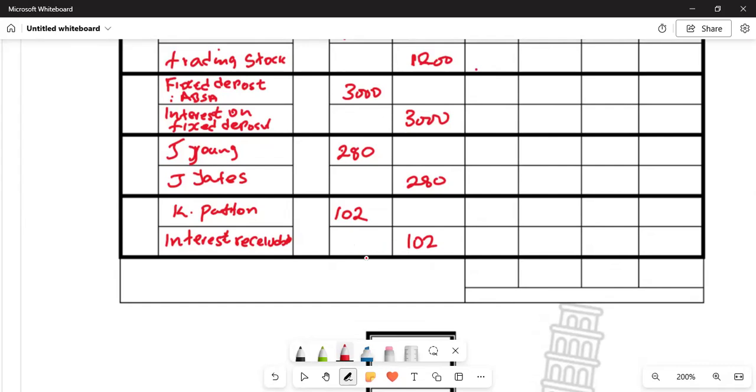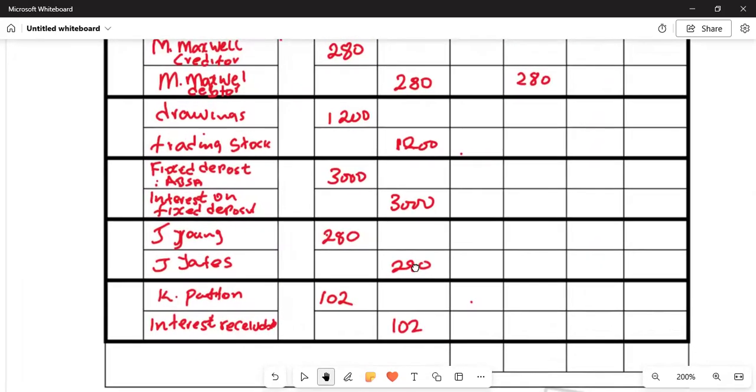The business earns interest, so it goes into interest income on the credit side. So the business is going to earn the interest income, which goes into the credit side. That's how we are going to record it.